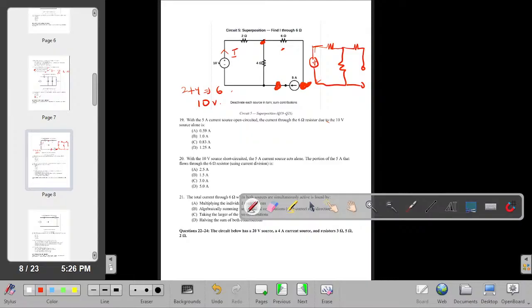Okay, so let's see something. Yeah, so we have the voltage to be 10 volts.